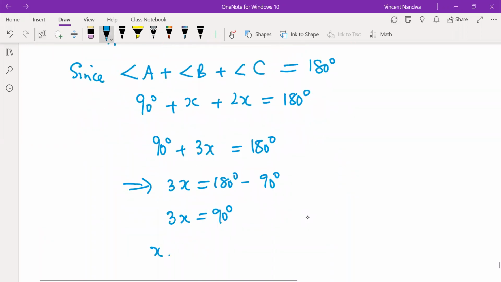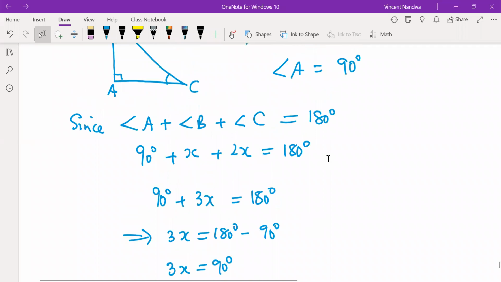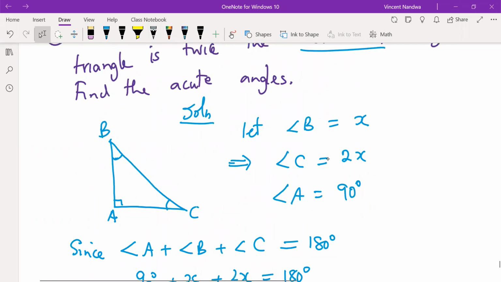And x is 90 degrees over 3, which is 30 degrees. Therefore, the angle at B is 30 degrees, and the angle at C is 2 times 30 degrees, which is 60 degrees. Therefore, the acute angles for this triangle are 30 degrees and 60 degrees.